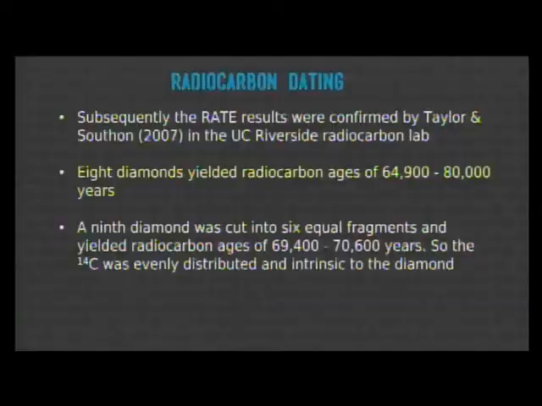And guess what? Their 8 diamonds yielded ages from 65 to 80,000 years. And they cut a 9th diamond into 6 equal fragments, and all 6 fragments yielded roughly the same radiocarbon age, which means the radiocarbon was evenly distributed through that diamond and intrinsic to the diamond itself.